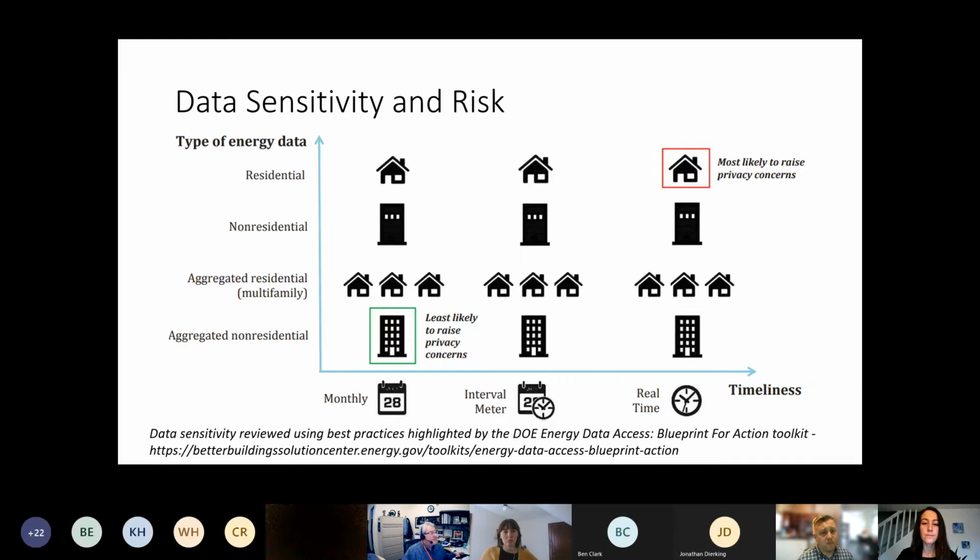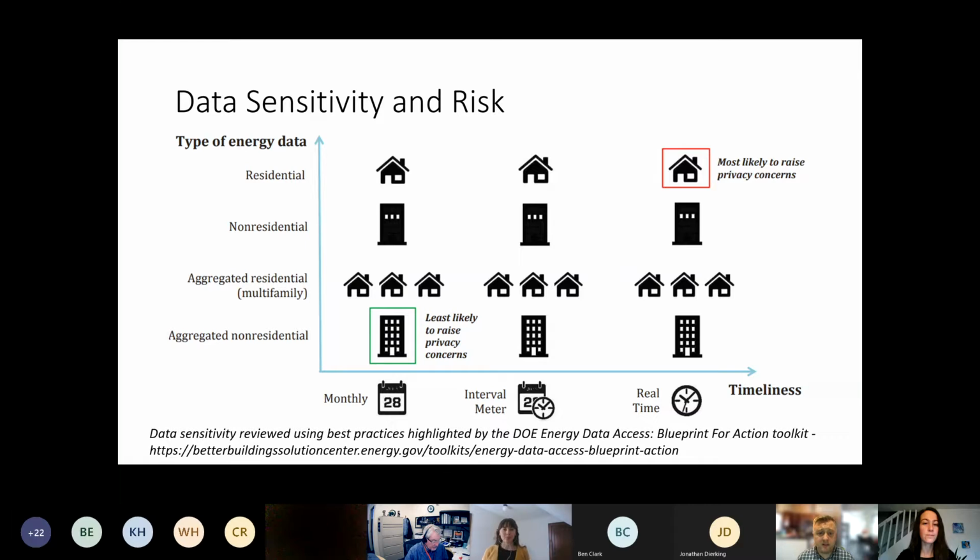And so we surveyed our contractor base. We also had the opportunity to talk to a couple building owners that were covered by our benchmarking ordinance to give us some feedback on what kind of data would be beneficial for them. And from that survey, then we used this matrix here for evaluating data sensitivity and risk.